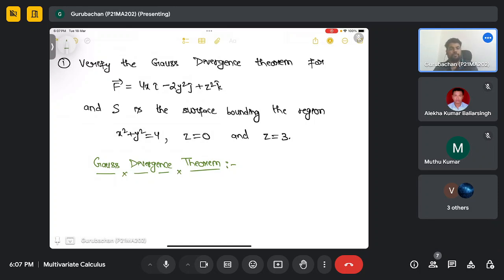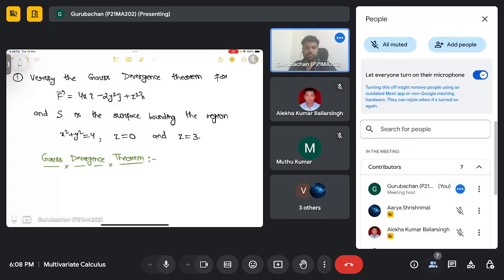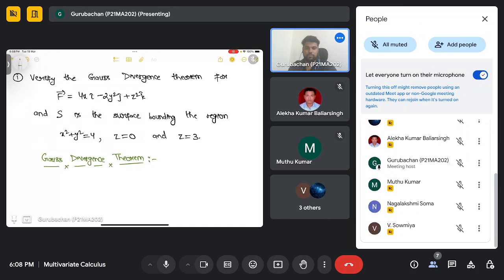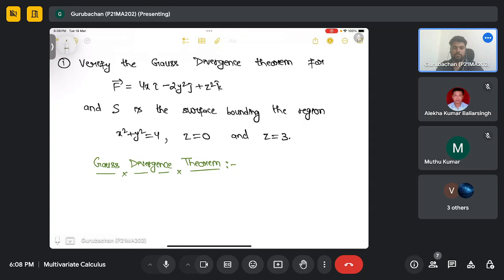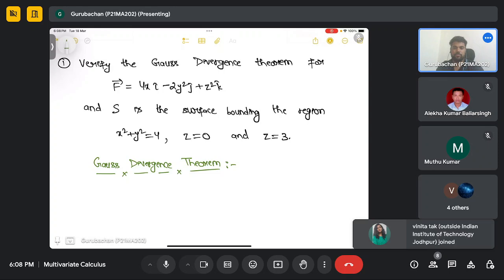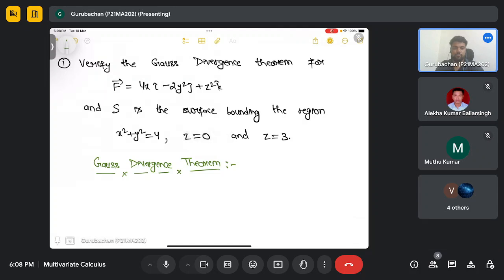Anyone? Rekha? So, what is Gauss divergence theorem? Anyone?